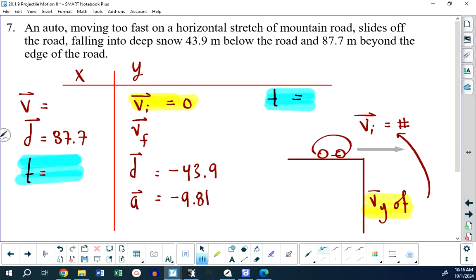We are asked to find two things specifically. Does the first thing say how fast was the car moving? Or does it say find the time? Yeah, because you have to find the time before you can find the speed. So one of the things we have to find is this, and the other thing is this. Looking at it from a formulaic standpoint, there's not enough information in the left-hand column for us to calculate V or T. But we can use this formula to find the time.